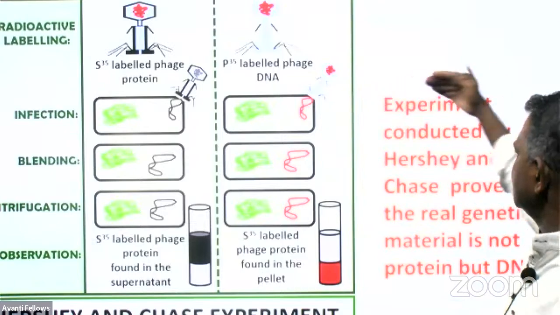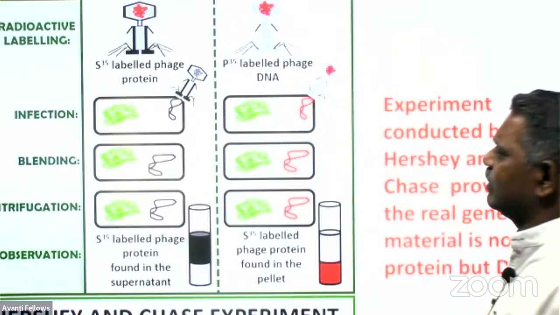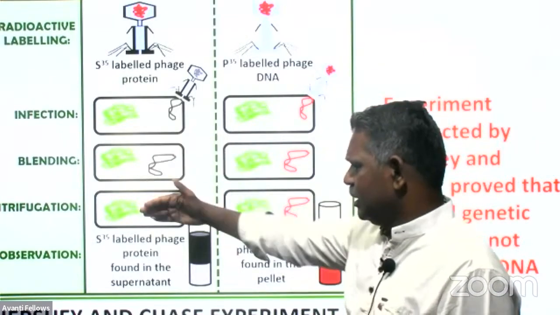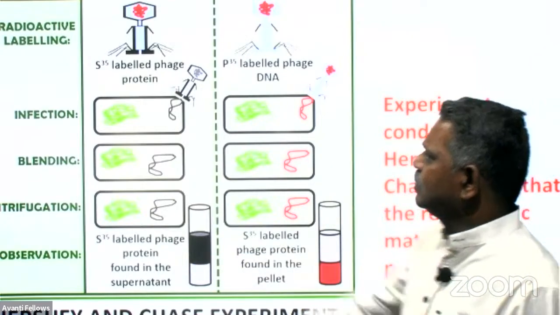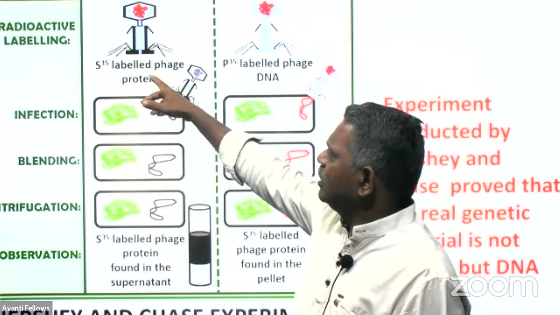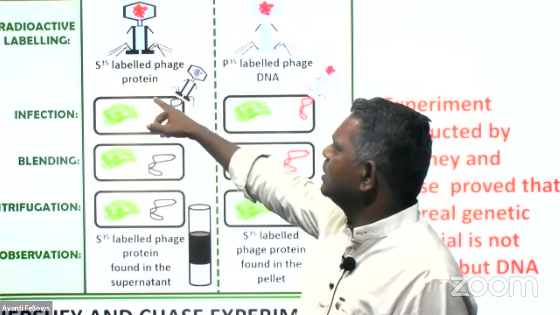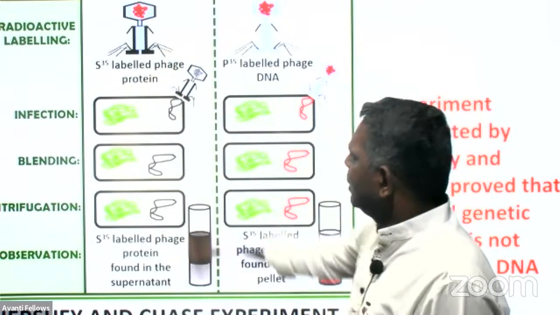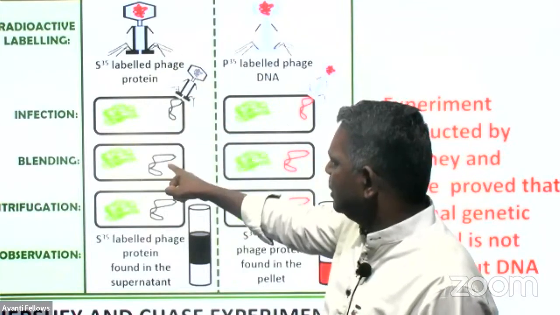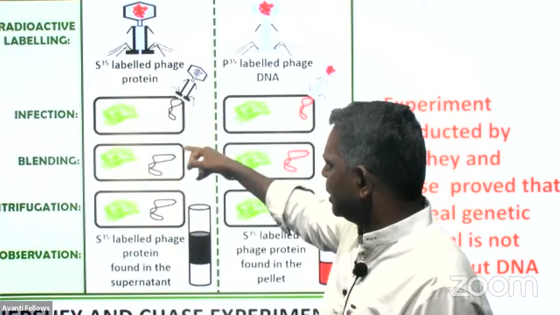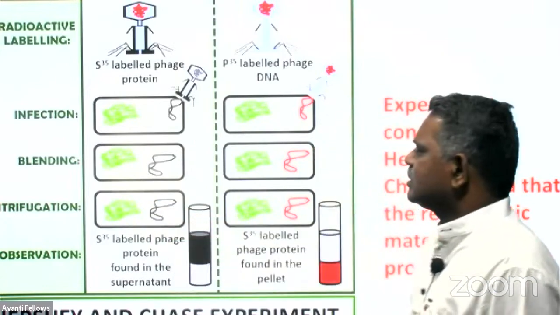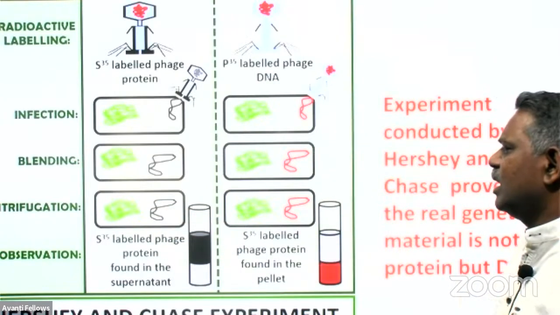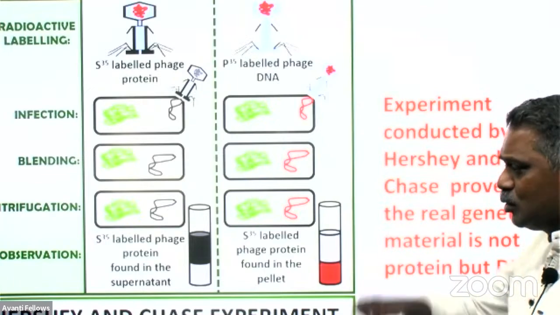This is another diagram given: infection, blending, centrifugation, and this is the observation. So S35 is used here to label the protein, and this is the infection, and this is the blending, removal of the protein coat. After centrifugation, S35 labeled phage protein is found in the supernatant.